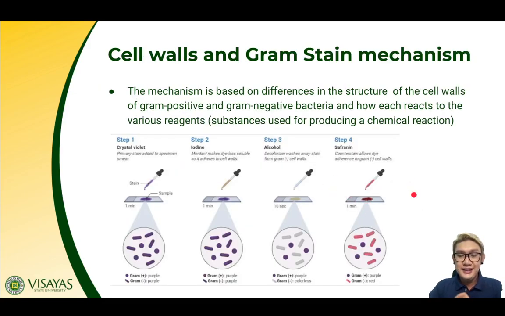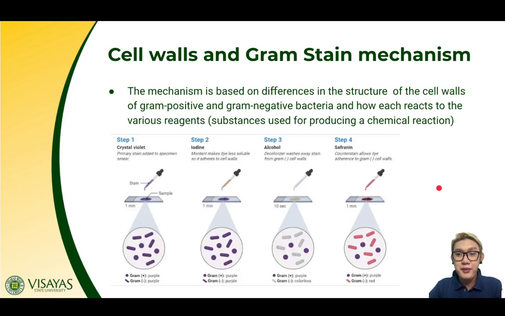Now, because of the differences in bacterial cell walls, a technique was developed by Hans Christian Gram to determine which type of cell wall a certain bacterium has.